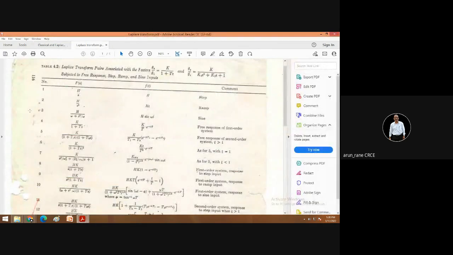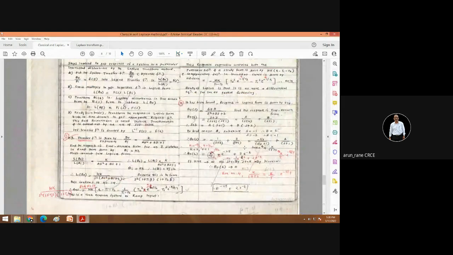Look at this, it is k upon t into e raised to minus t upon t, capital T. So value of t is half, so minus t upon half will be nothing but e raised to minus 2t. And similarly, for this also you can write the Laplace inverse.